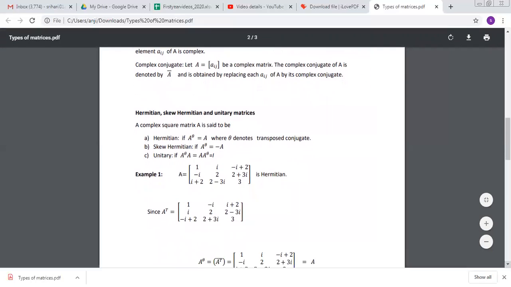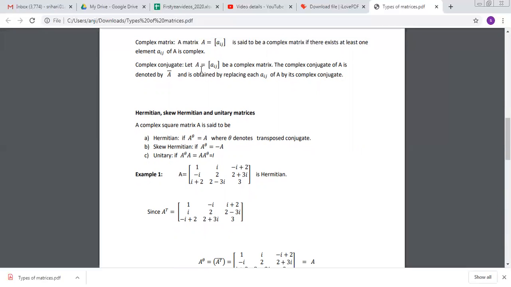So how to write the complex conjugate? Suppose in the matrix the element is 2 plus 3i. You write the conjugate of 2 plus 3i. What is the conjugate of 2 plus 3i? 2 minus 3i. Like that you have to write all elements.